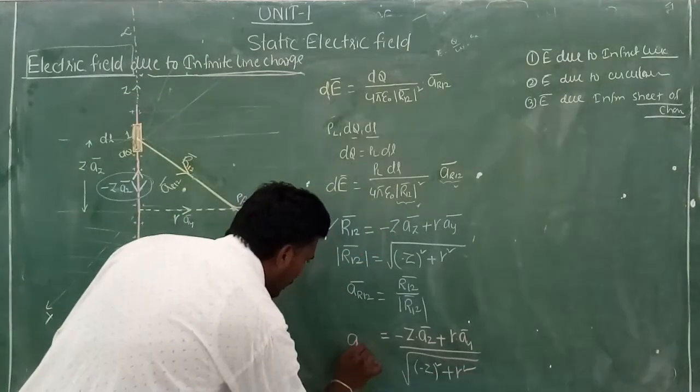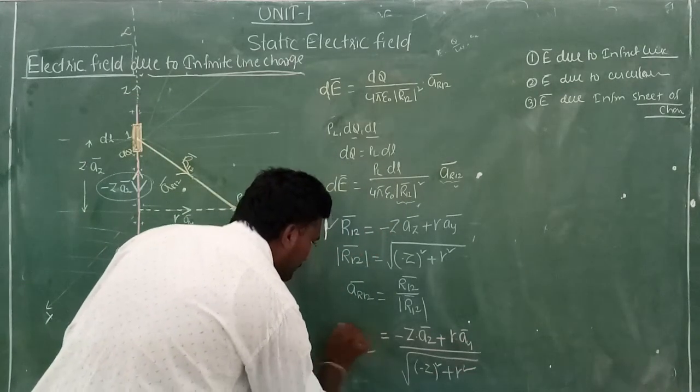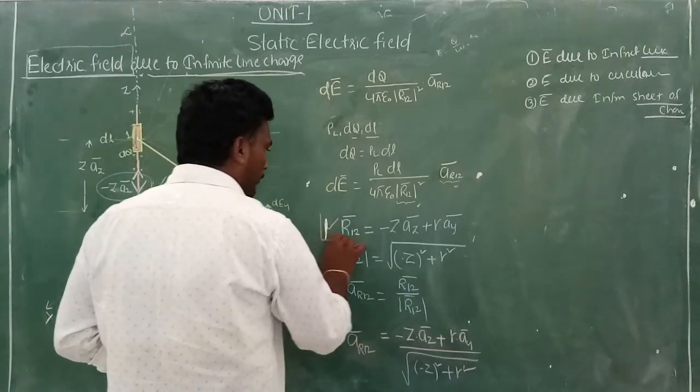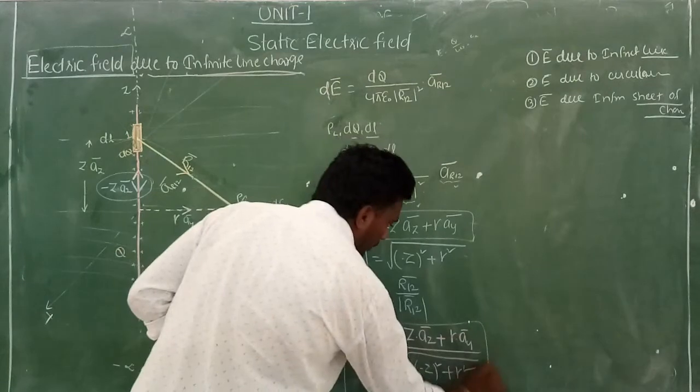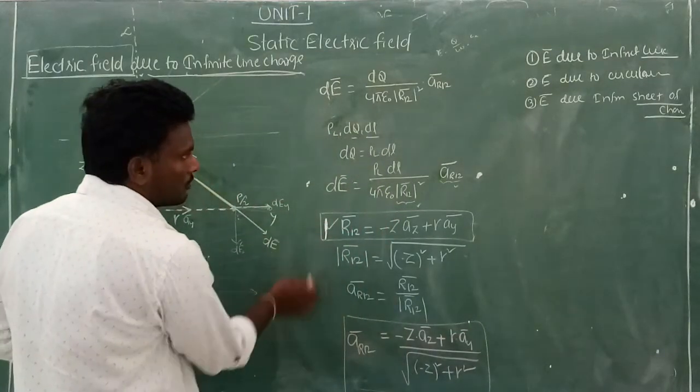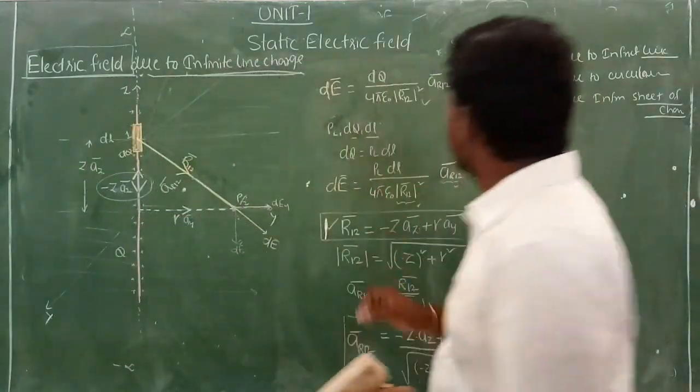This is your unit vector. Now we have the distance vector and the unit vector. Just substitute these two values in this expression.